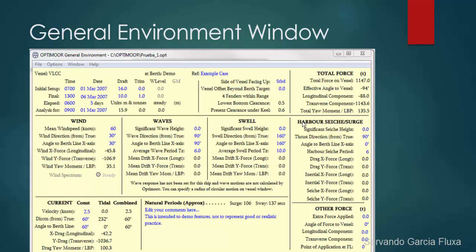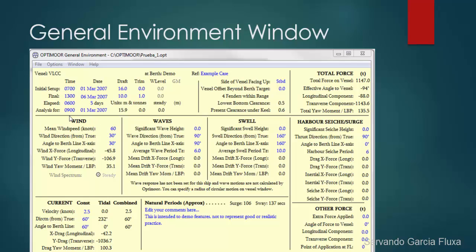Here we're going to define, as the title says, the environment parameters. First, we define when we want to start our analysis, at what time and date, and when we want it to finish. We can define this by time and date or by time elapsed. So if you set up the initial time and date and afterwards define the elapsed time, then the final time and date will change based on this elapsed time.